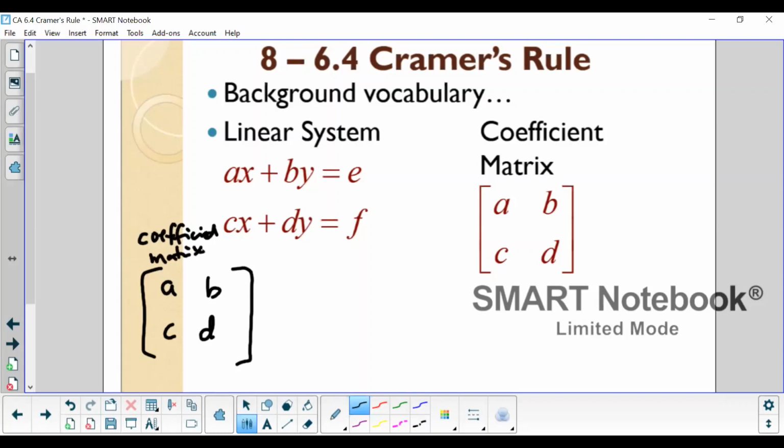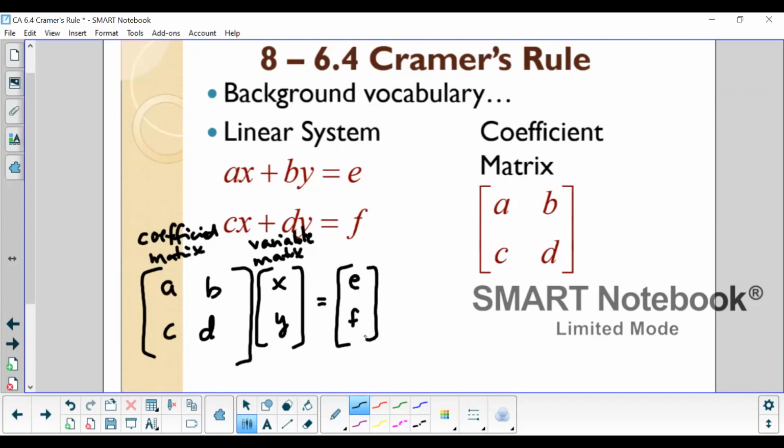And right next to that, I'm going to put a matrix for the variables x and y. That's my variable matrix. And then that's going to equal another matrix made up of the constants on the right-hand side of the equation. So that's my constant matrix.